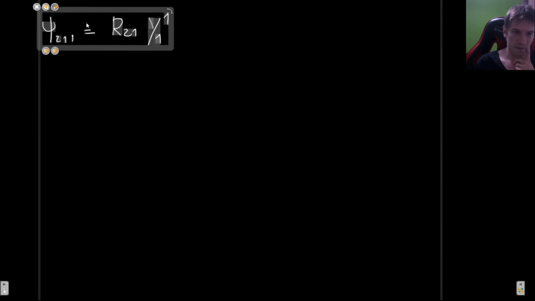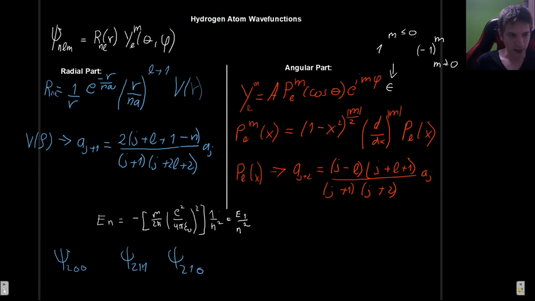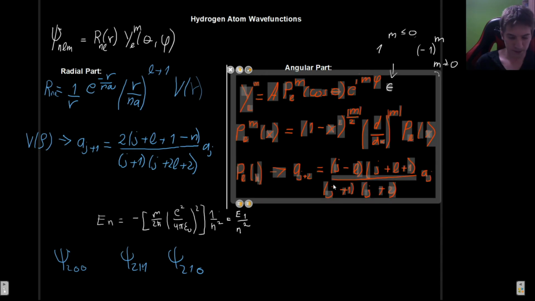And the radial part we have already determined in the previous part. So all that we need to determine now is psi11 and psi1 minus 1 for the other wave function. Okay, so let's go back to our formula for the spherical harmonics, which is all of this.